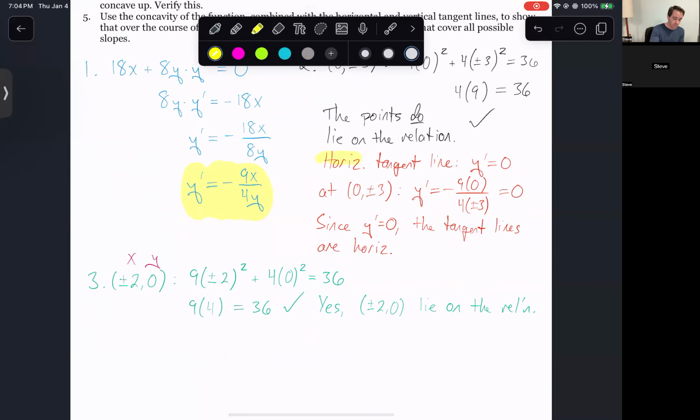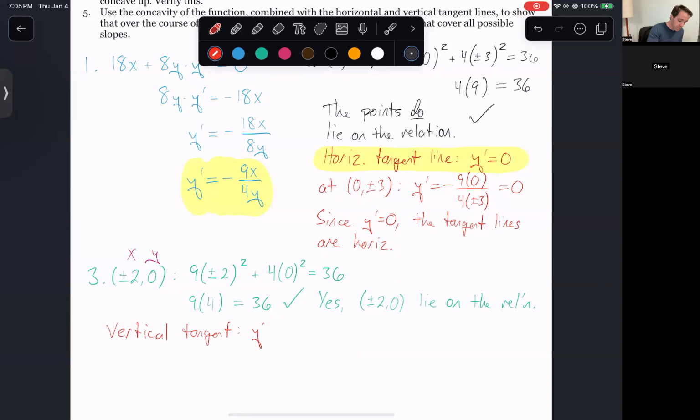Yes, it means that you want the derivative to be undefined because think about it. The derivative represents the slope, right? Slopes, that's what a derivative is. If the slope is vertical, then the derivative should involve division by 0. So a vertical tangent means that y prime is undefined, and specifically it divides by 0.